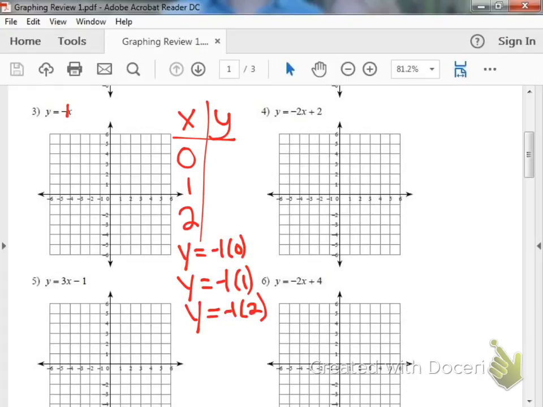Multiplying by a negative 1 just changes your sign. So my y's are actually the same as the x's, just the sign is different. So 0, 0, 1, negative 1, 2, negative 2. Connect them. Arrows on the ends. Questions on that one?